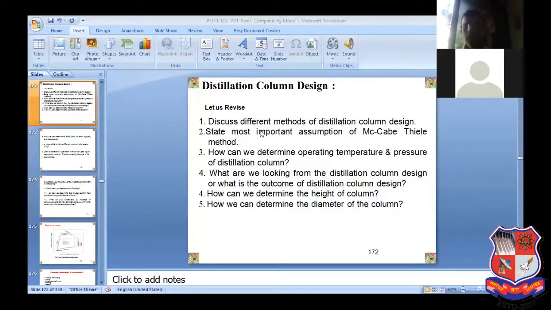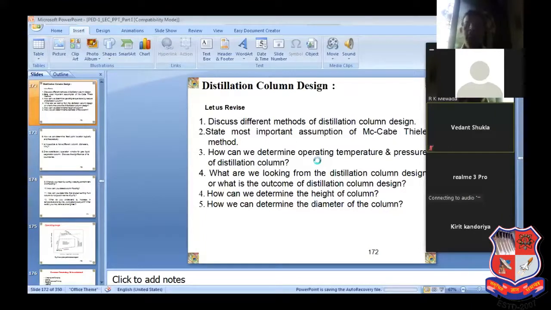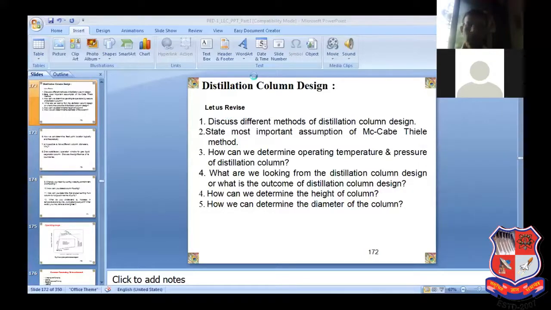What are the important aspects we need to learn in a distillation column? Ultimately, after design, what you are going to give as output. So after completion of a distillation column, you are going to have a complete sizing. We have defined that design is nothing but the sizing, and sizing means we need to determine the number of trays. Broadly we can say it's the height and diameter of the column, where the height includes your number of trays or height of packing, diameter, flow rate, etc. All the aspects we need to consider as a final design.